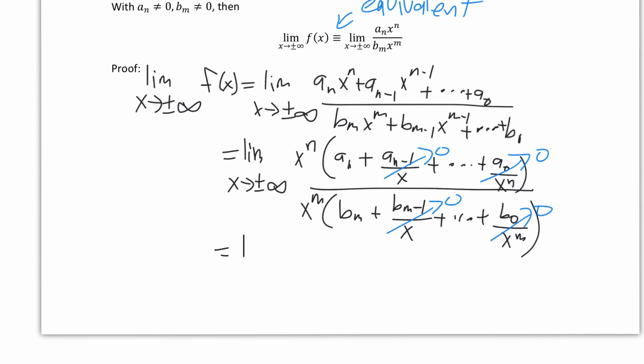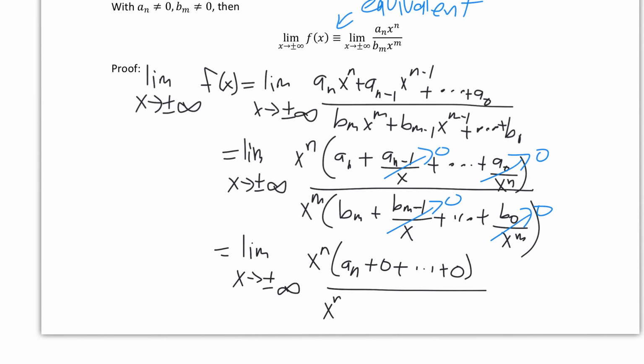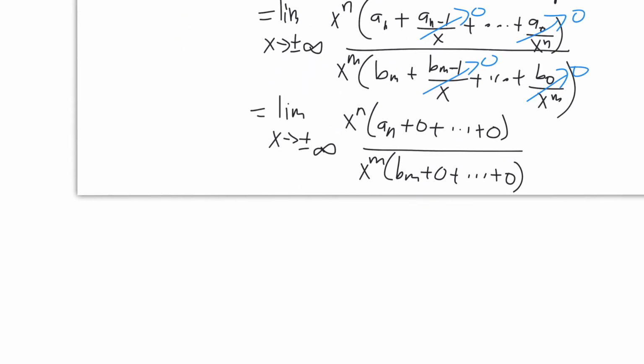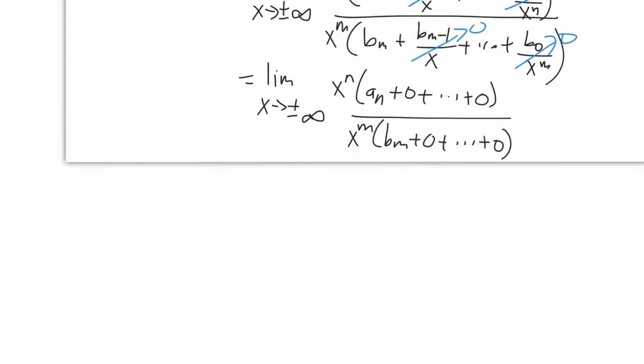So rewriting this, we would have the limit as x approaches plus or minus infinity of x to the n, a_n plus 0 plus dot dot dot, a bunch of zeros, over x to the m, b_m plus 0 plus dot dot dot, a bunch of zeros. Now, of course, those zeros we can just get rid of, and so we'll have the following.